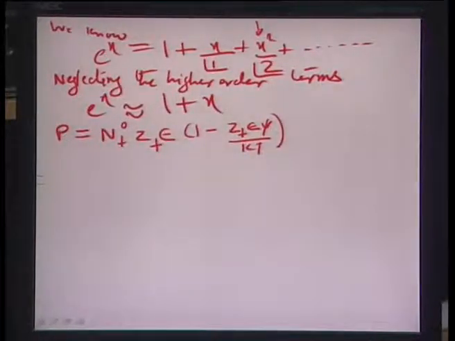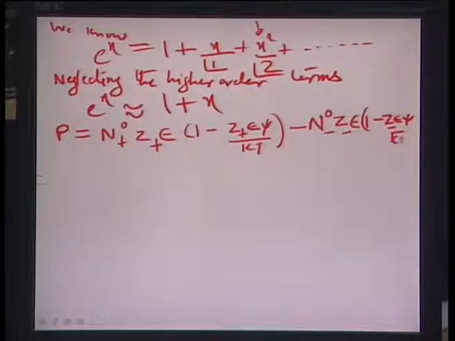Basically, the charge density here is essentially given by n plus 0 z plus epsilon times 1 minus z plus epsilon phi by kT from the Taylor approximation, and this is the positive density, and the negative density is minus n minus 0 z minus epsilon times 1 minus z minus epsilon phi by kT.